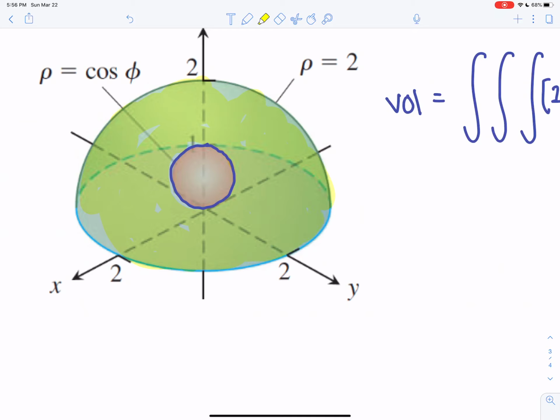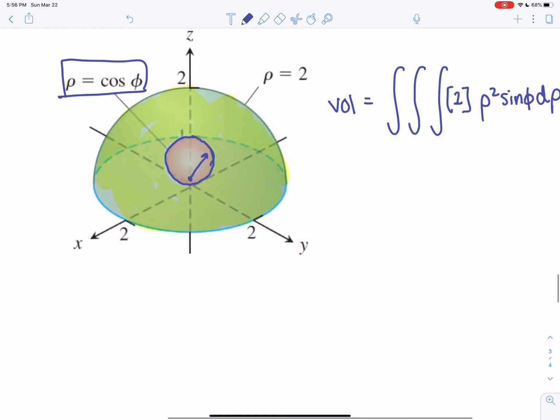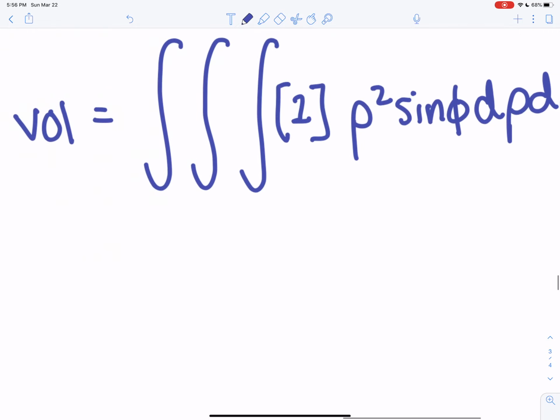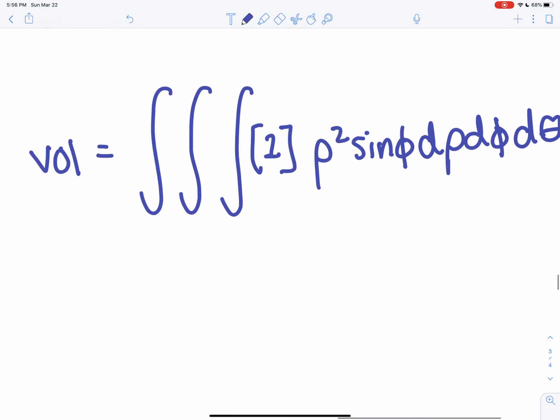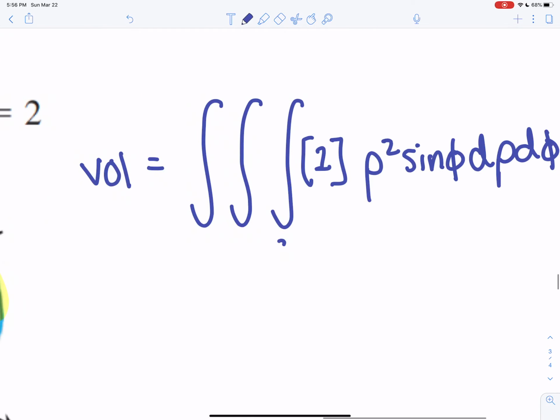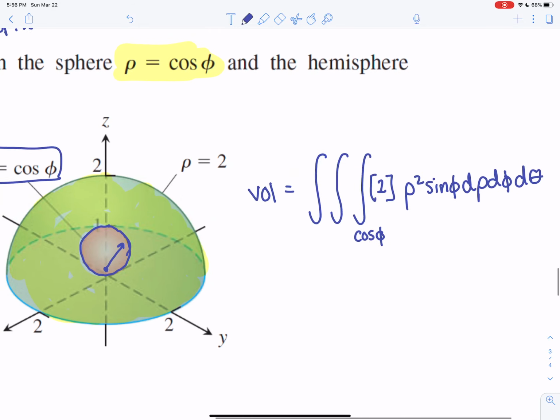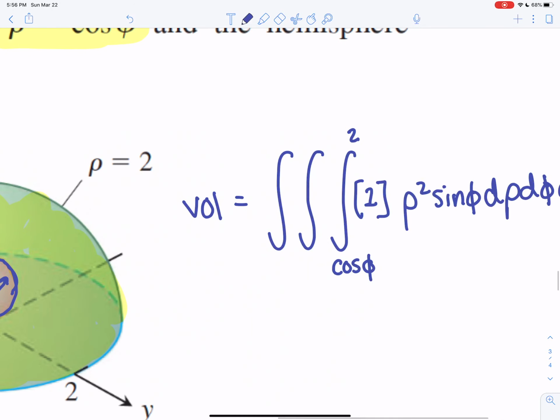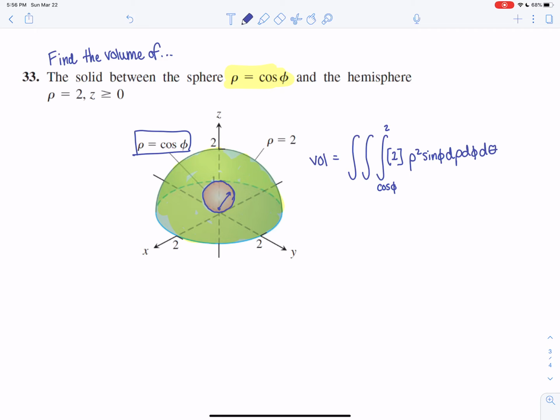At the origin, you're not in the region until you get to this first bound. So the initial rho is rho equals cosine phi. So you enter the region there. So yeah, you're entering at cosine phi, and you're exiting at rho equals 2. So that took care of the rho bounds.